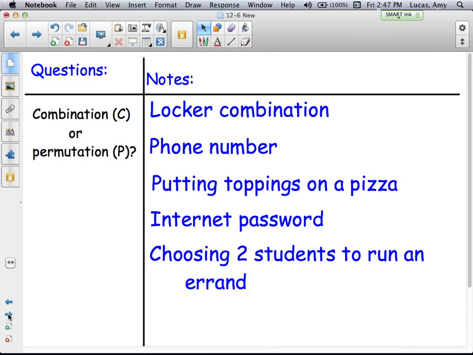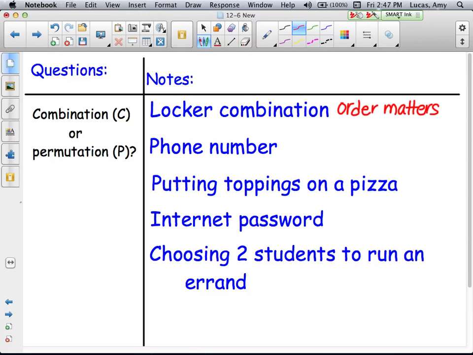So a locker combination. Does a locker combination involve having an order that matters? Absolutely. If you put the numbers in the wrong order, your locker's not going to open. So order matters for this one. So that means that it is a permutation.